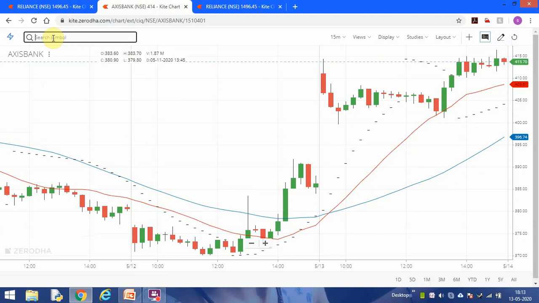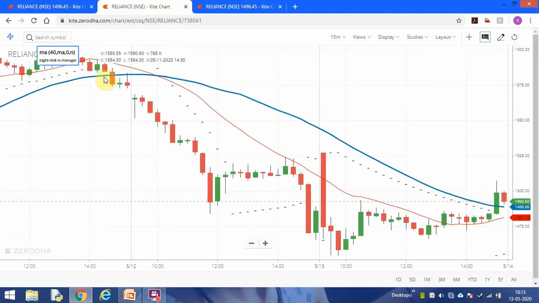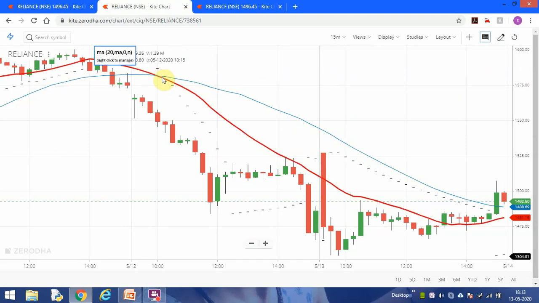Actually this market is very gap up gap down, so that is why today market was range bound. So I will make this setup again for Reliance only. You see that here on this point there is a simple moving average crossover. So for this, this is a 20 days moving average, this is a 40 days moving average, and this is the parabolic SAR.